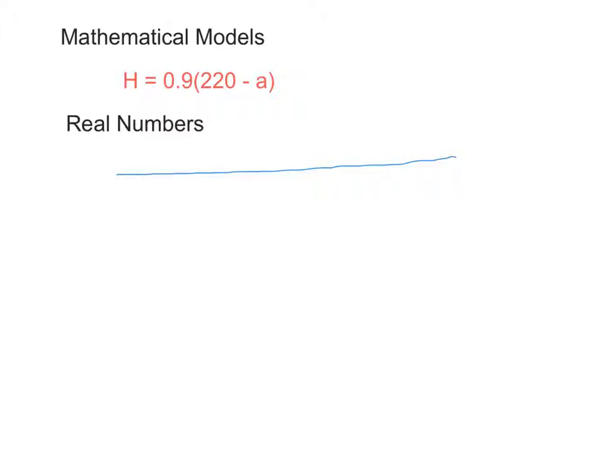Typically on a number line, although not always, the center of the number line represents 0. And everything to the right represents all positive real numbers. So we've got 1, we've got 2, we've got 3, and we just keep on going forever to the right.